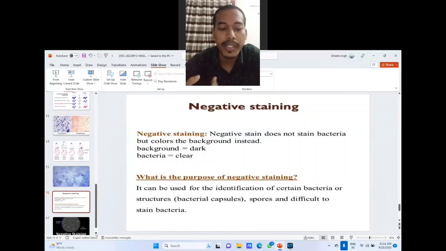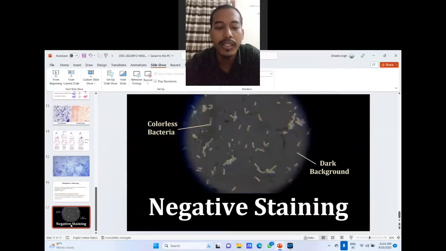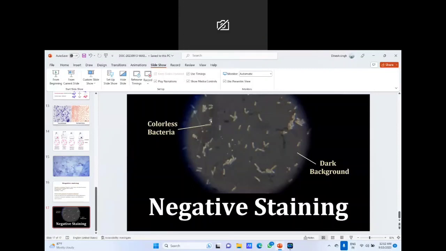So under a microscope, the bacteria will appear very clear and the background will be colored or dark. Here is the picture: you can see the background is dark and the bacteria we are suspecting are colorless, hollow against the background.